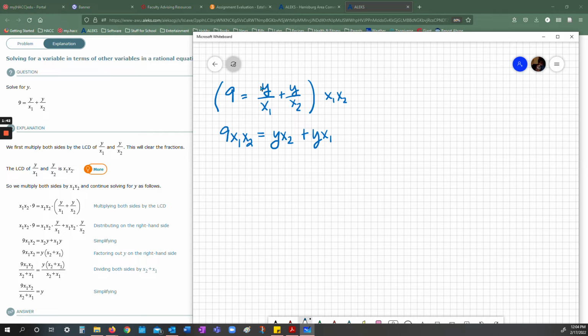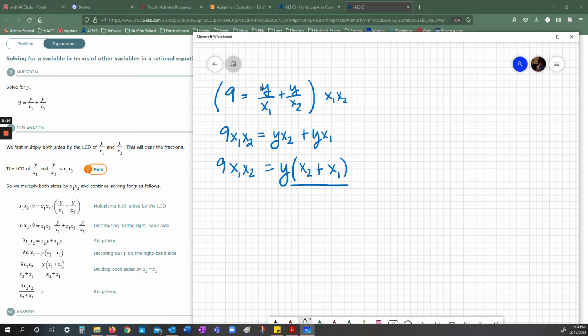Now we have the tricky thing that y is in two different terms, and these are not like terms. So the only way to separate it out is to factor it. We have 9x1, x2, and then let's just factor y out as a common factor. So we're left with x2 plus x1. Now we're going to divide by what's in parentheses, so that y is completely on its own.